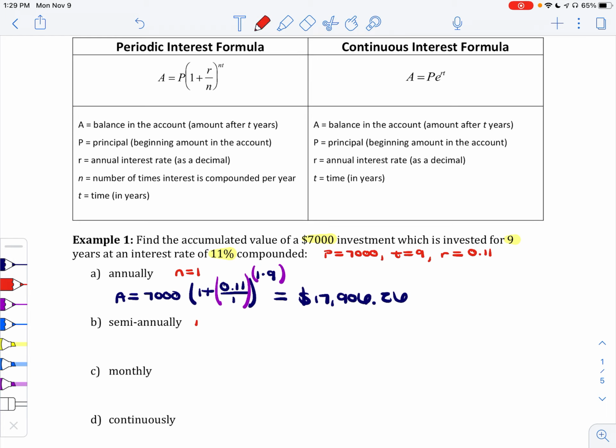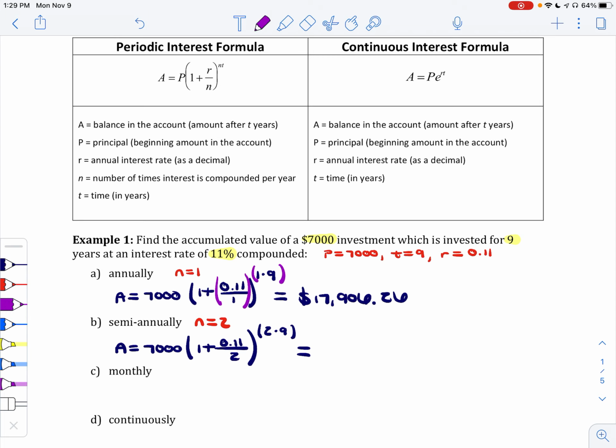All right, so our next one says we're compounding this now semi-annually. So semi-annually means compounding it 2 times every year. So everything else is the same, it's just that our n value has changed. So our A now is going to be 7,000 times 1 plus 0.11 divided by 2 raised to the power of 2 times 9.